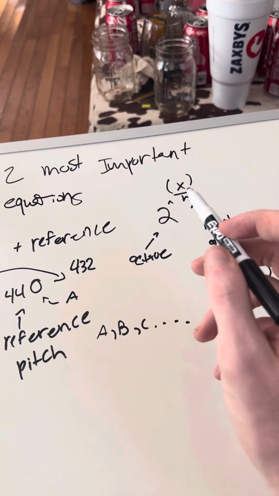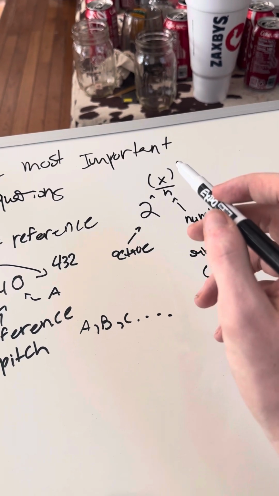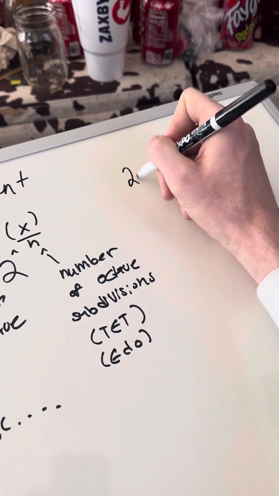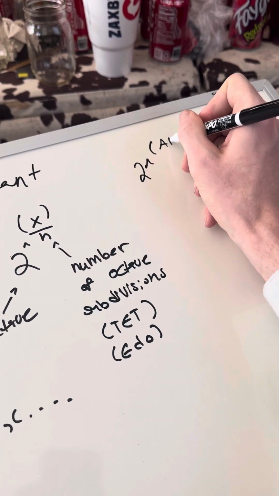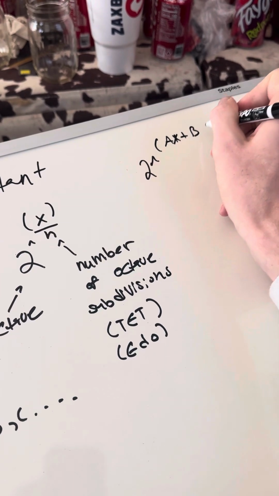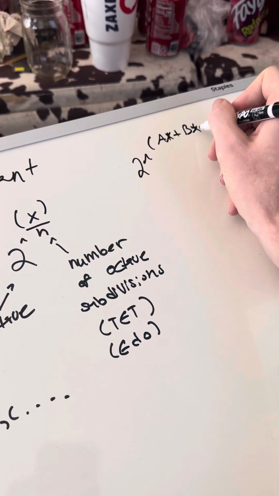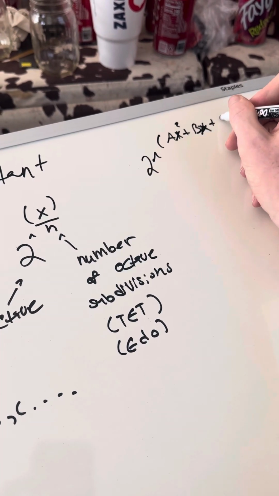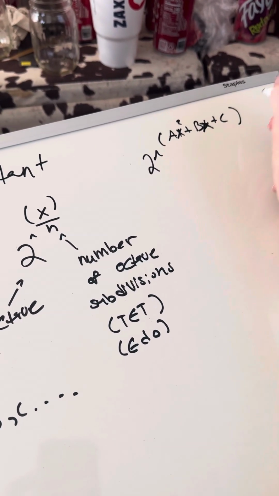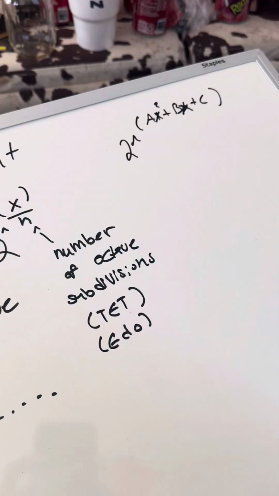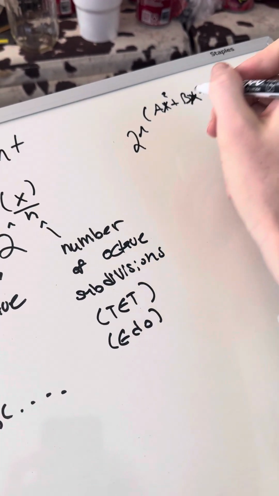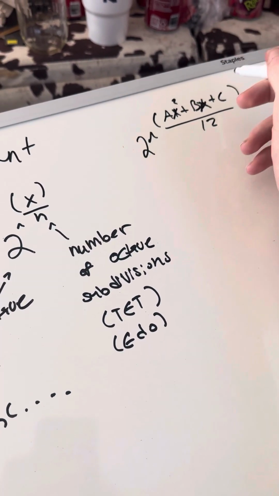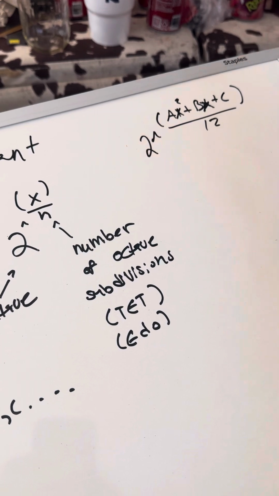What 2 to the x over n is going to do is create a ratio, and even if you use a polynomial like, you know, 2 to the power of ax plus b, you could even do Pythagorean theorem, so you could do ax plus bx, ax squared plus bx, you know, you remember all that jargon from high school. And then over 12. This polynomial, like if we throw in 1 and, you know, say a, b, and c were 0, we just get 0.